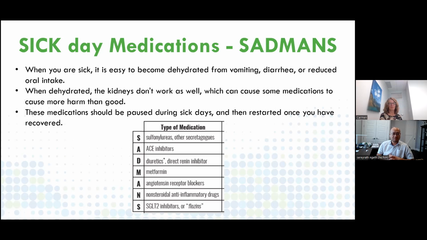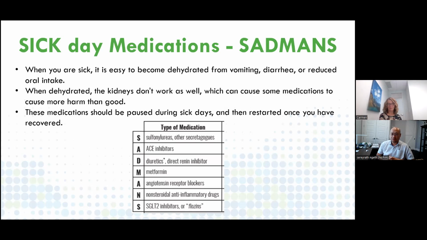So we use the acronym SADMANS. And what do they stand for? The first one is sulfonylurea. So that's a diabetic medication that we talked about already. ACE inhibitors are blood pressure medications that we often use in diabetics to help protect the kidneys and for those who are hypertensive.